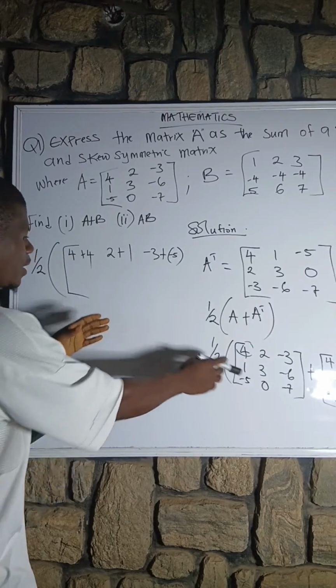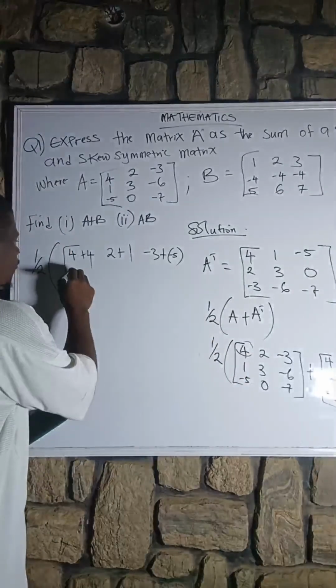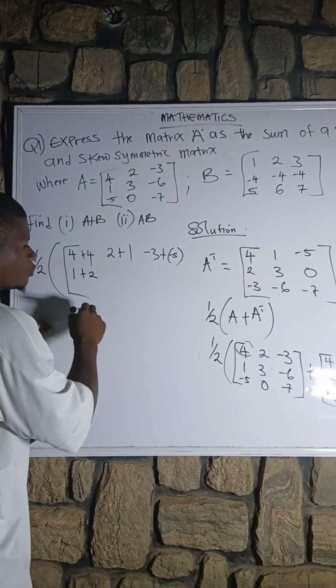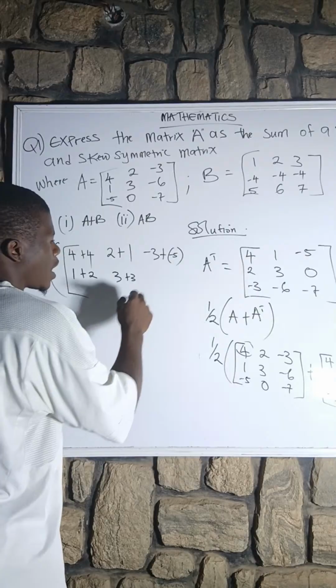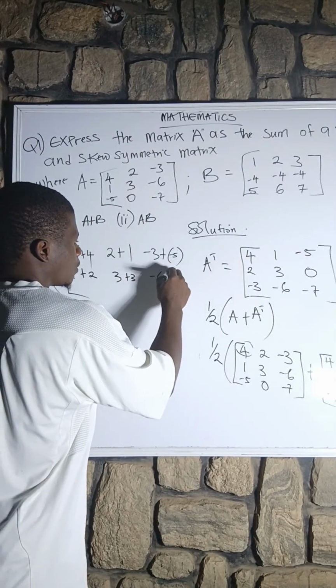Then, coming down here, we have 1 plus 2, 3 plus 3, and minus 6 plus 0.